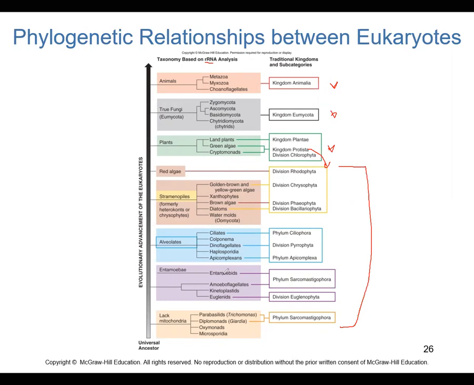The protist kingdom was kind of a catch-all kingdom. If it didn't fit into something else, they just kind of threw it in there by their appearance and their morphology. But now that we can do genetic testing on them, we see that these don't necessarily agree with everything. So they're breaking them down into more groups. The protist kingdom, we're still going to use that term, but it's getting broken down into different super groups or whatever you want to call them.